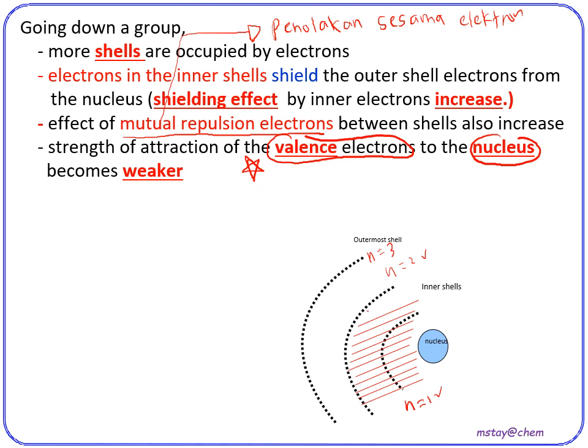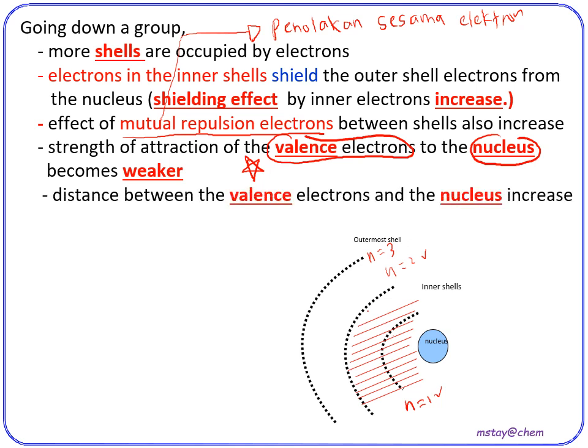Due to the repulsion, the attraction becomes weaker, so the distance between the valence electron and the nucleus increases, meaning they become further apart. Lastly, this means that the size of the atom is bigger.